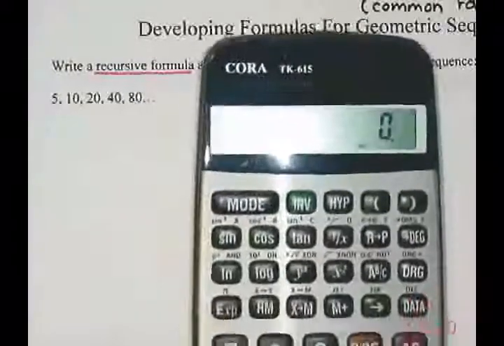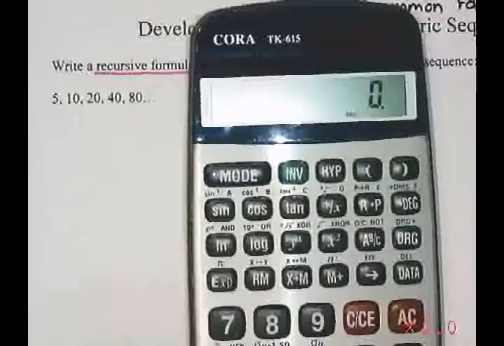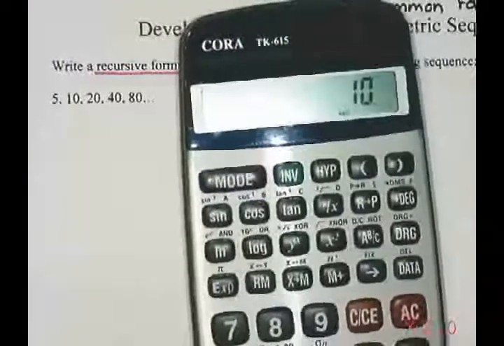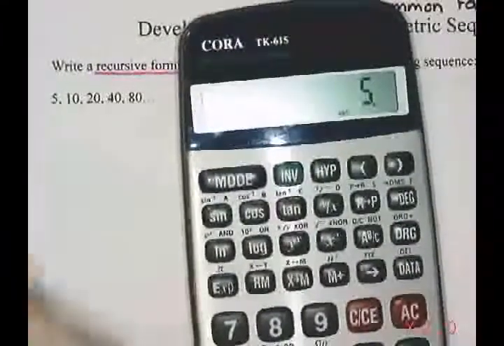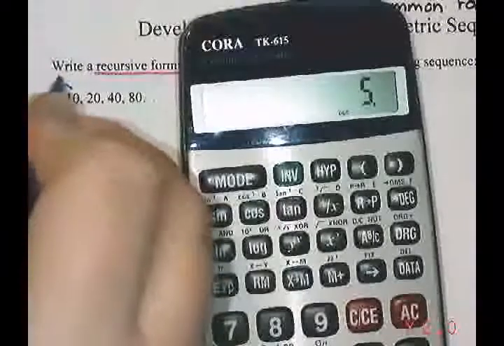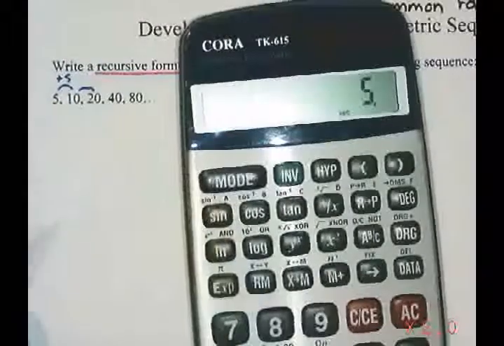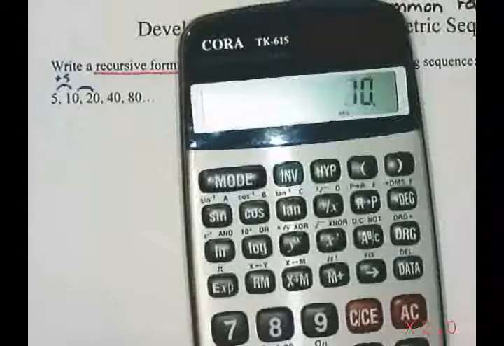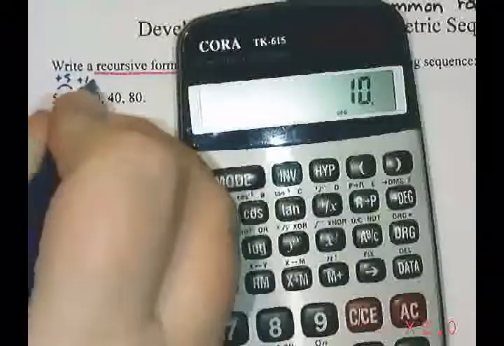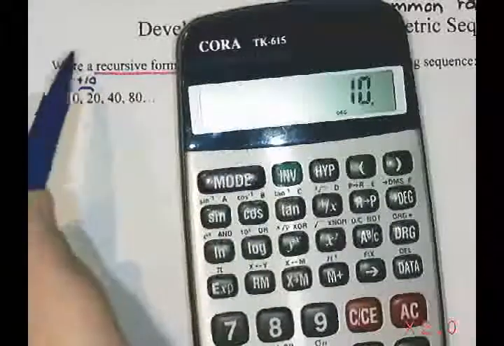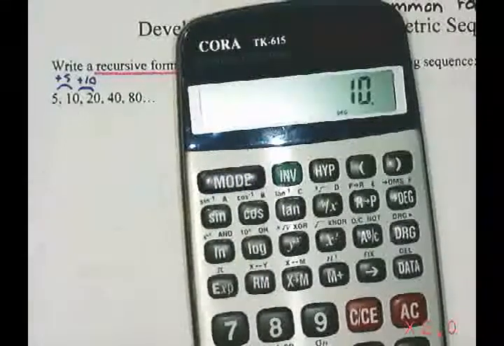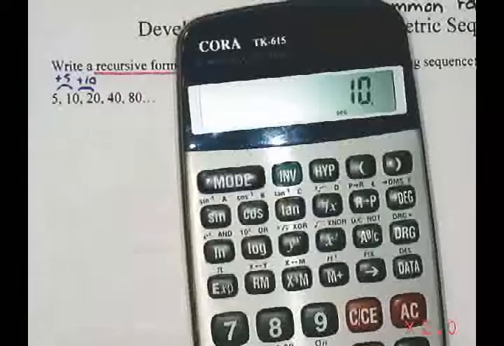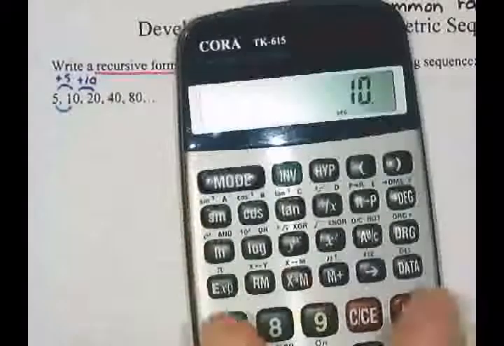If I looked at adding and subtracting first, to get from 5 to 10, I would have added 5. And then to get from 10 to 20, if you do 20 take away 10, you'll notice that we added 10. So I don't think this is arithmetic because I'm not adding the same number every time. I can then try doing the opposite, dividing here.